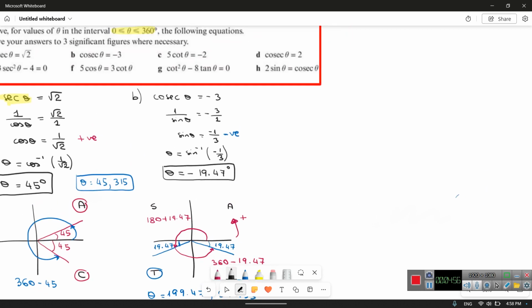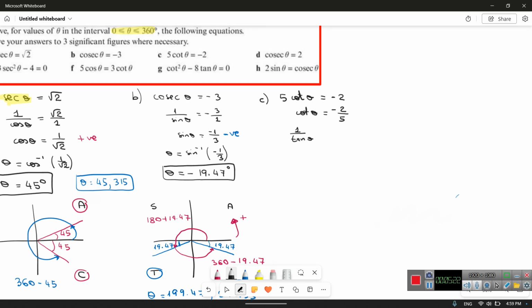Okay, let's do part C. For part C, we have 5 cot theta equal to -2. Now, it will be useful to rewrite this by dividing both sides by 5. So cot theta is -2/5, and I'm going to rewrite in terms of tan theta.